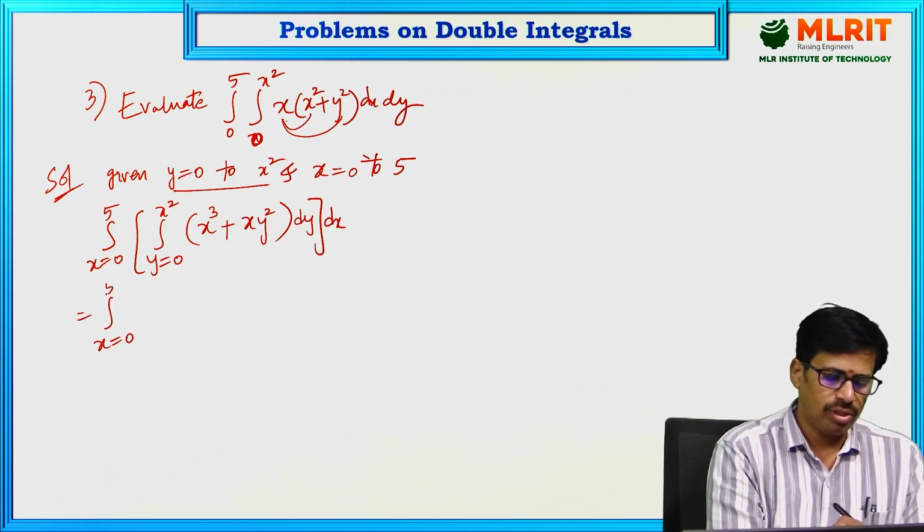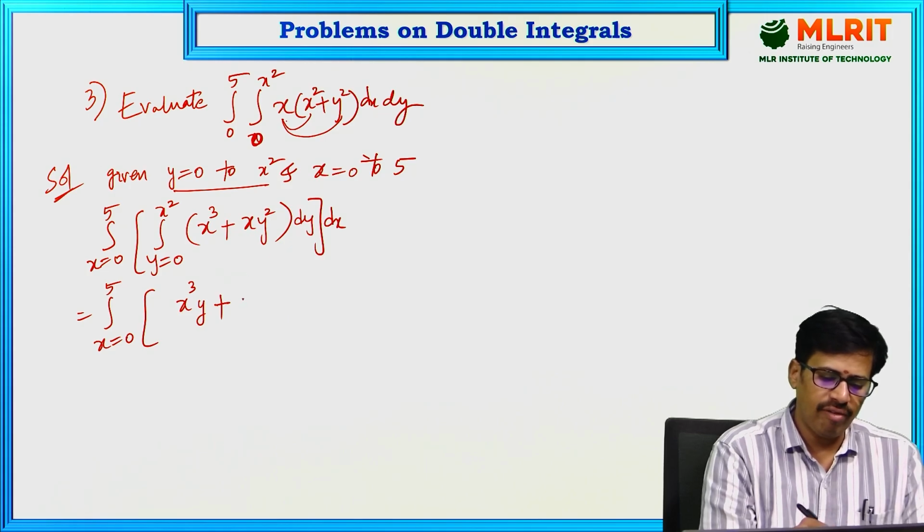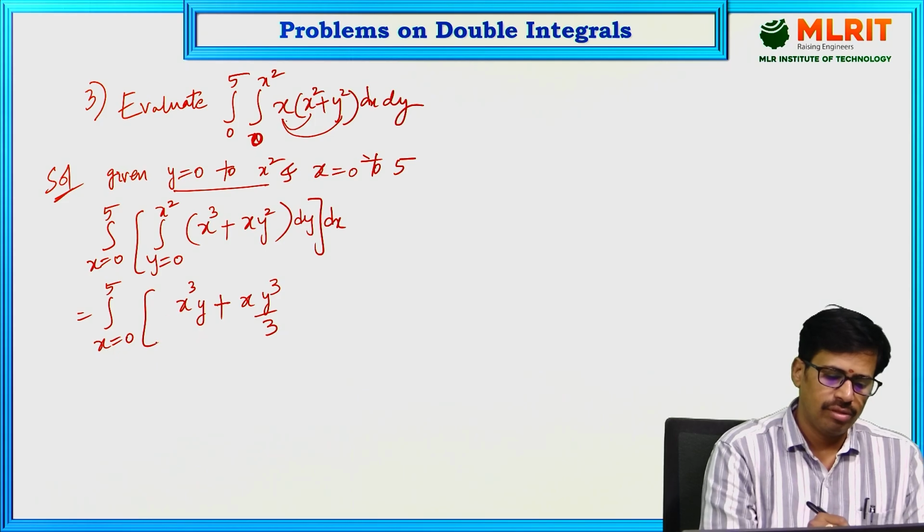What is the integration of x cube dy? x cube into y, plus the integration of xy square dy, that is x into y cube by 3, and the y limits are 0 to x square, then dx.